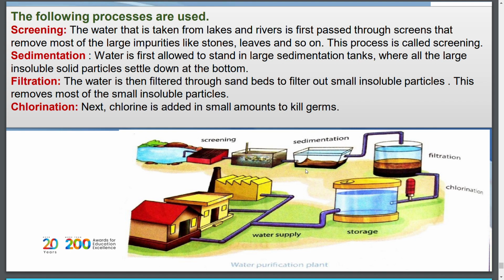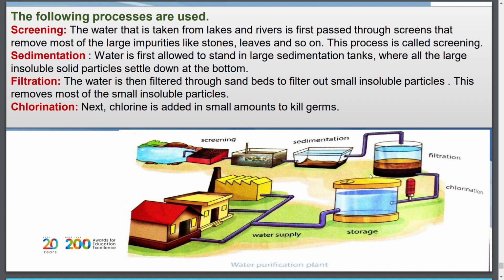So all that muddy water will be here. Then it goes inside like this, comes here, and gets filtered. While it is going here, there is a chlorination process. Chlorination is nothing but adding a very small amount of chlorine to kill the germs.